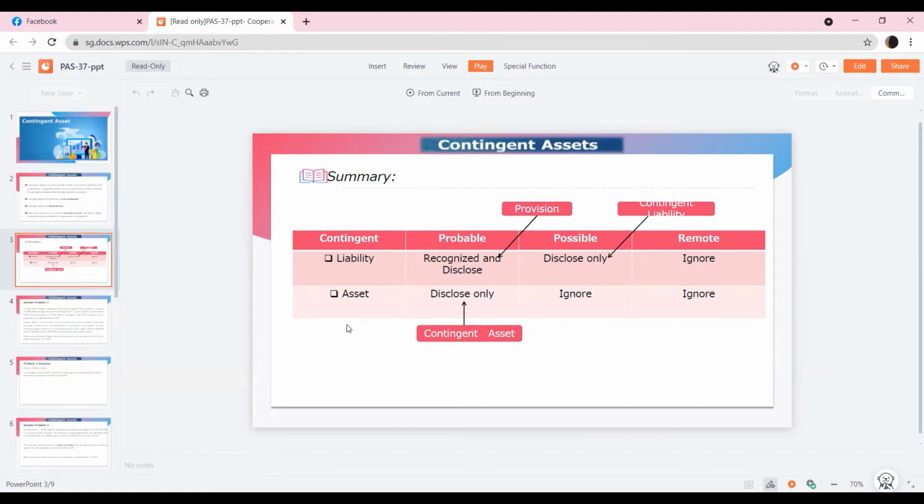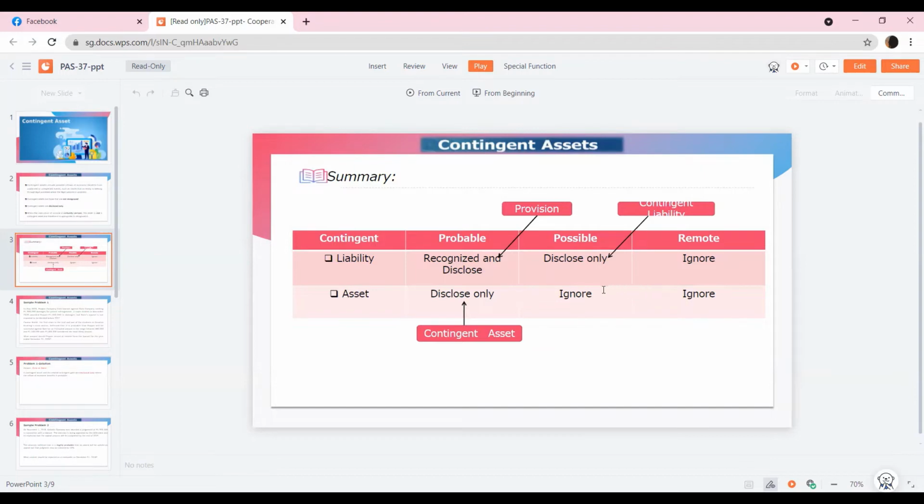Now, let's talk about contingent asset. Pagdating naman sa asset, see to it na kapag reasonably certain ang asset, doon lang siya nire-recognize. Ibig sabihin, kapag probable lang ang isang asset, dinidisclose lang natin yan. So, bakit natin dinidisclose lang?